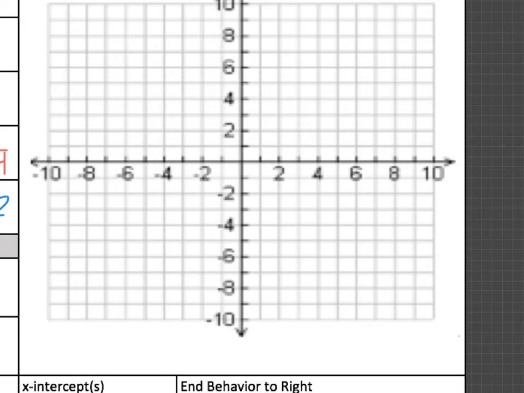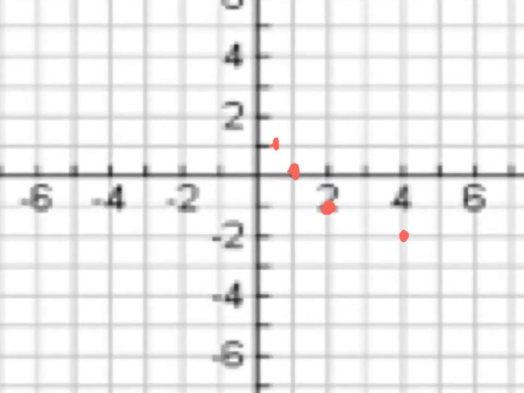Now plotting those points, we get the point x equal to 4, y equal to -2, x equal to 2, y equal to -1, x equal to 1, y of 0, x equal to 1/2, y of 1, x equal to 1/4, y equals 2.